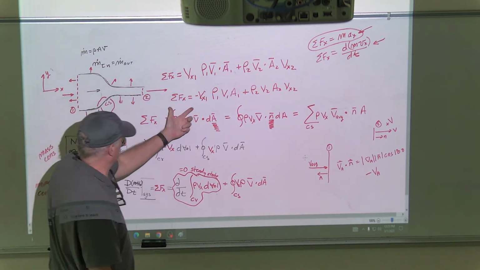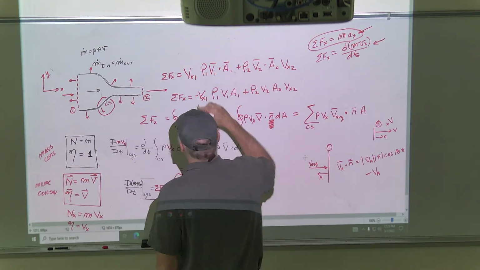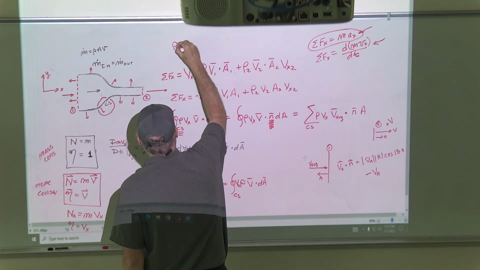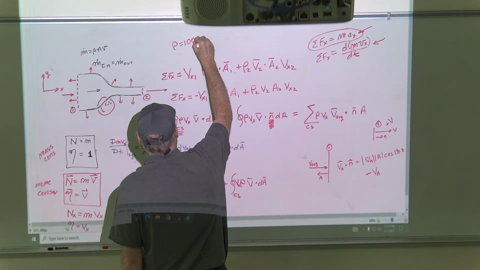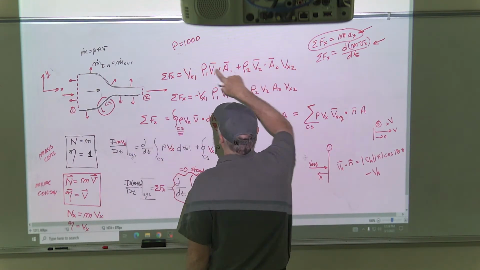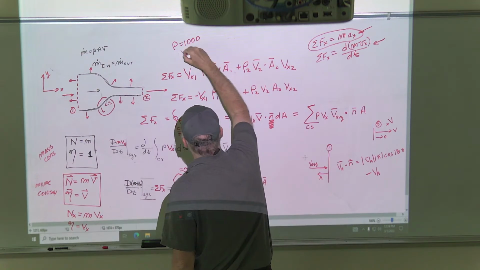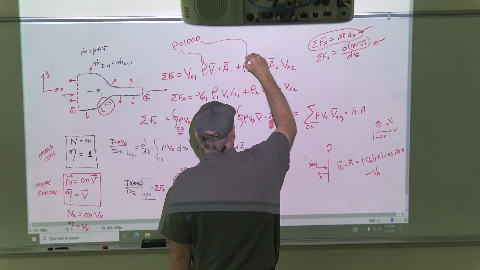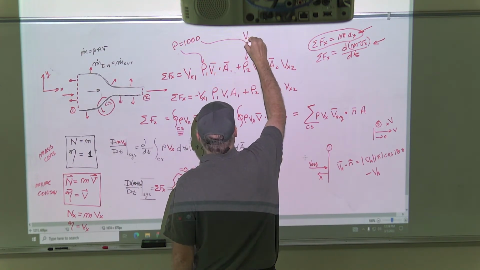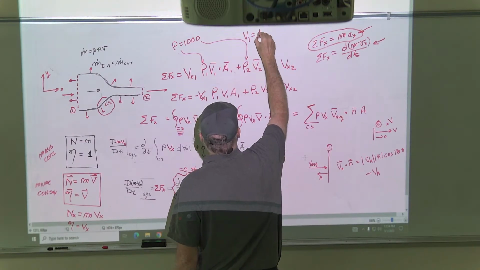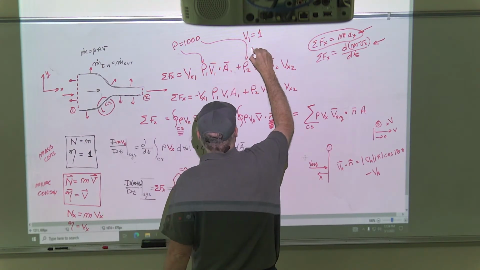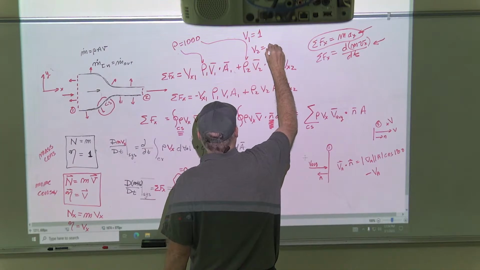So how much force do you have to use? Well, let's just make up numbers. We'll do it in SI, because then I can multiply it pretty easily. Those are my densities, they don't change. I'll say V1 is equal to 1, and V2 is equal to 5.